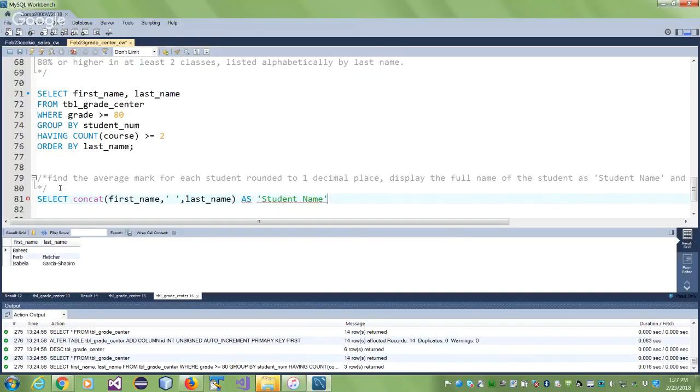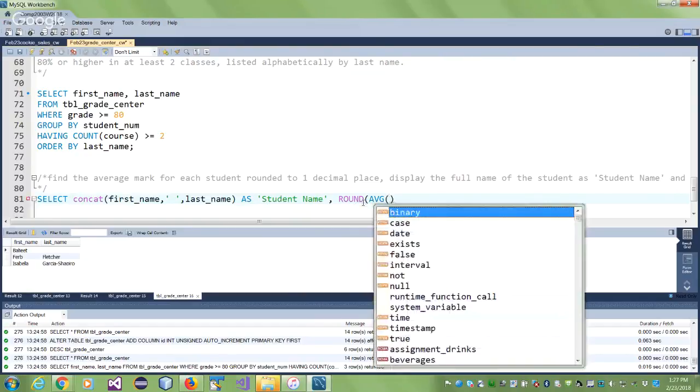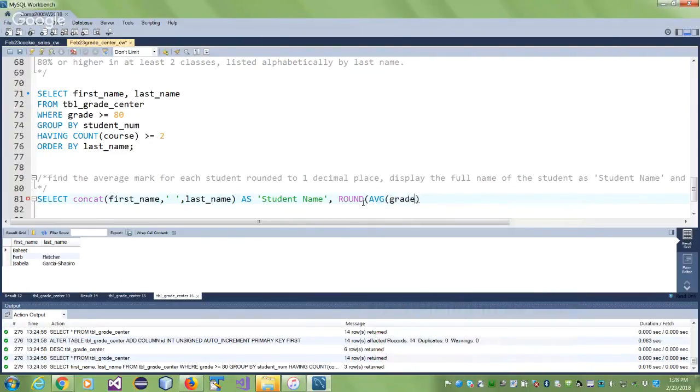That's my first field. My second field is the average mark of each student. So we know that we just did it, right? We did a round method to round it. And inside the round method, the average function, they're called functions, not methods. The average function, whose average do you want to find out? What were they called? Grade. The field is called grade for your information.